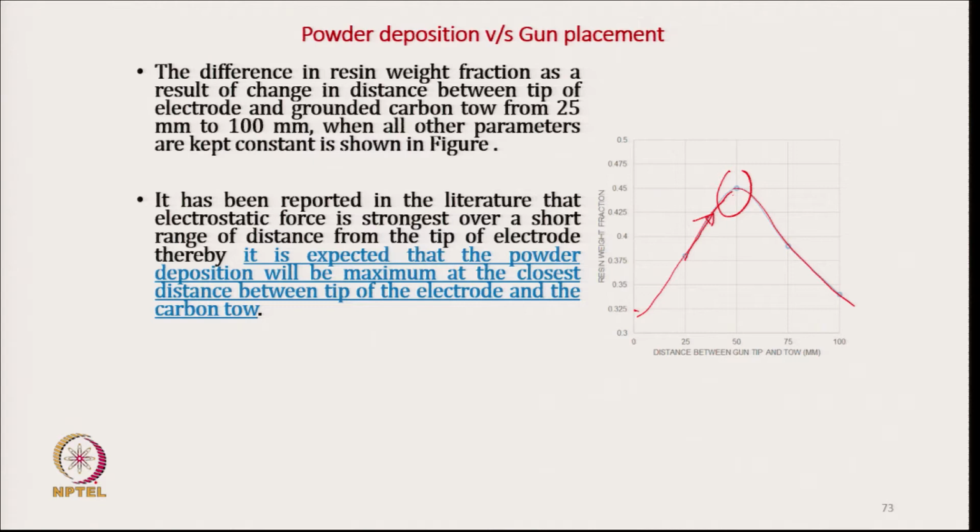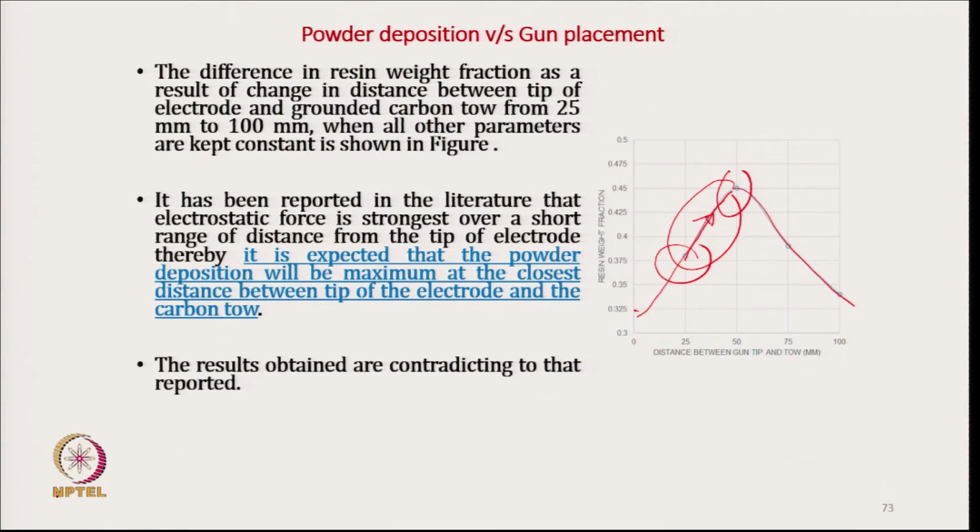It has been reported in the literature that the electrostatic force is strongest at short distance. Okay. So, it is strongest at lower distance. So, it was expected that the powder deposition would be maximum at the closest point, say 25 millimeter, because the charging is maximum, so powder deposition should have been maximum.